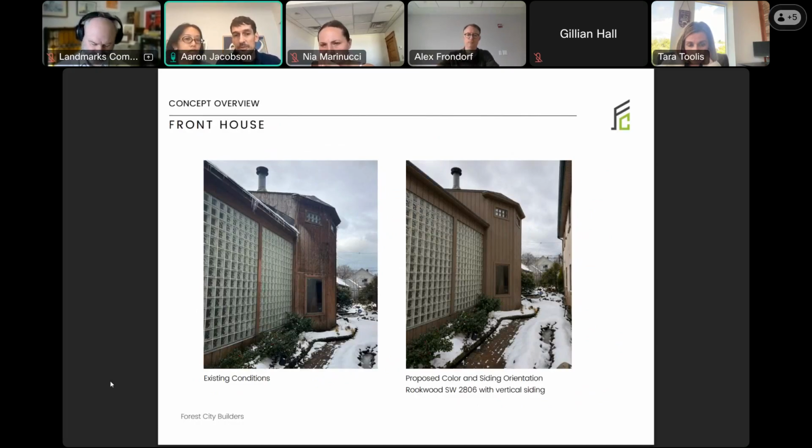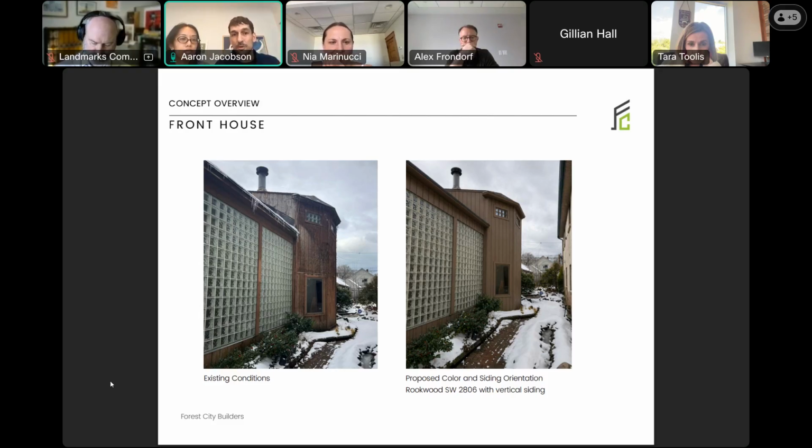I feel pretty strongly that what we're responding to in residing the house now is not only the 1900s typology of the house, but also all of this glass block, which I think undeniably defines the architectural spirit that exists now on the site. I think that the vertical siding actually helps to frame those big vertical glass bays really well.